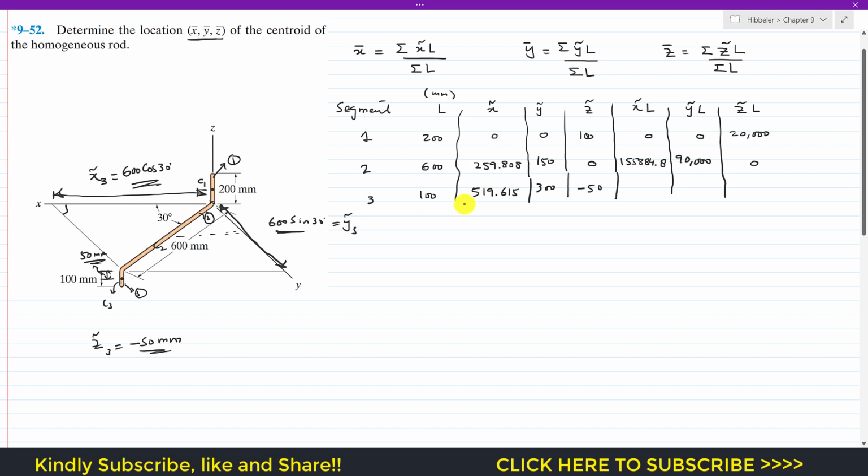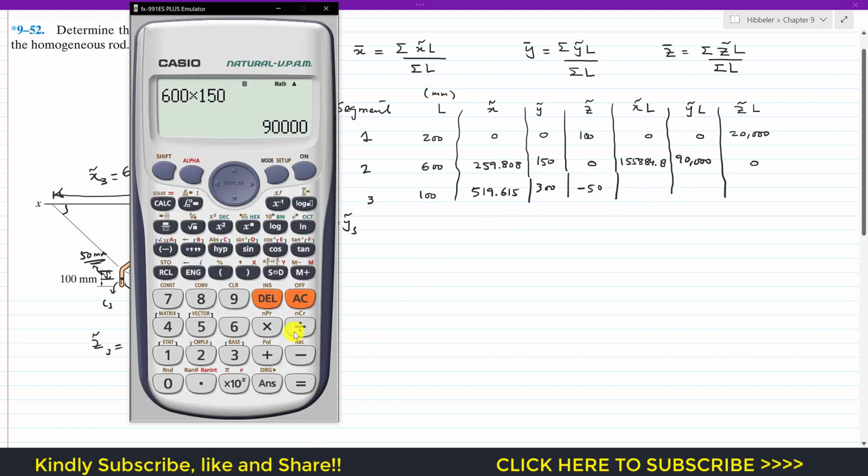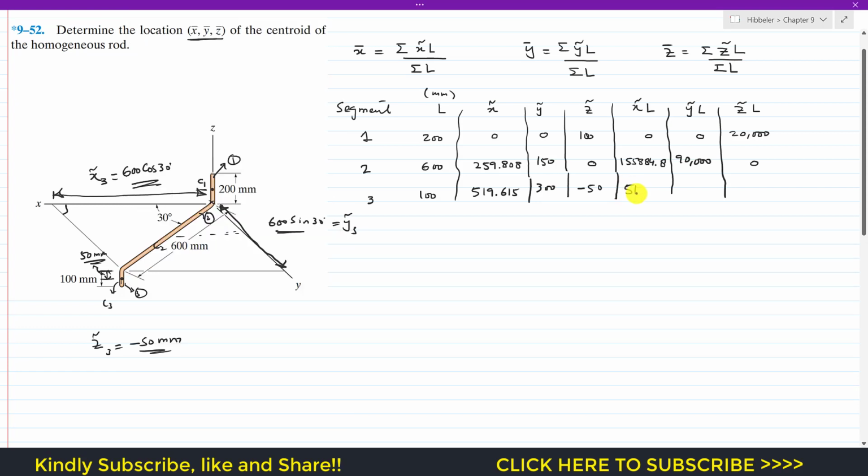Similarly, we need to multiply this 100 with all these three. So 100 into 519.615 gives us 51,961.5.